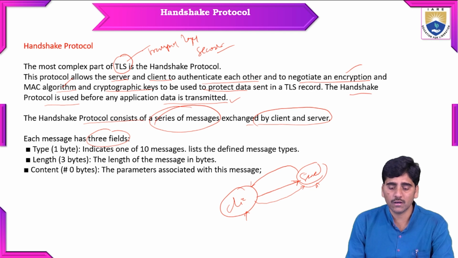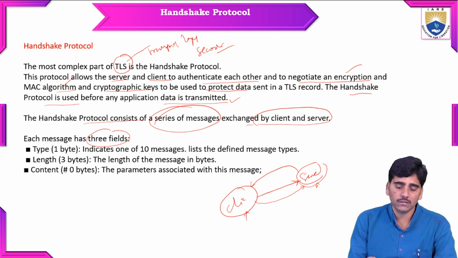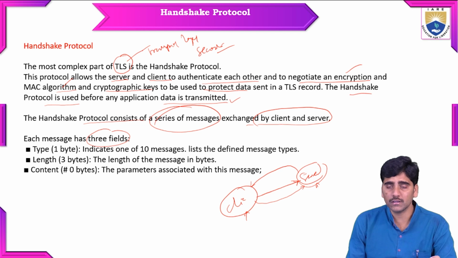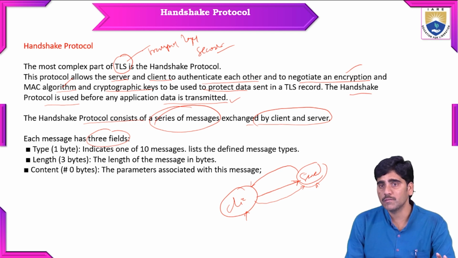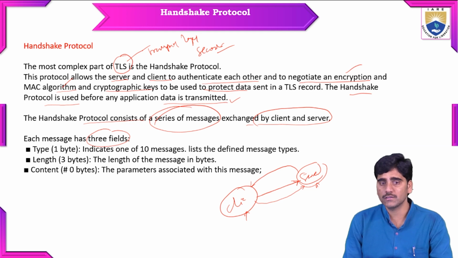Next, the content: the parameters associated with this message, that is, what content is exactly being sent in the message. These are the three fields used for sending any message between client and the server.